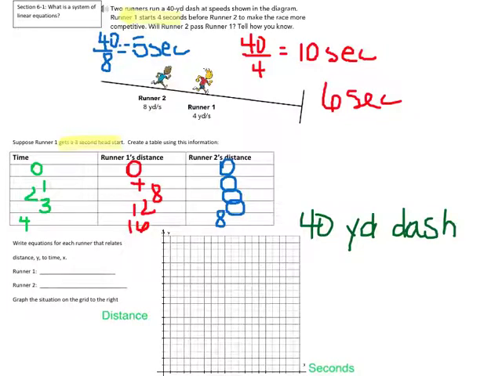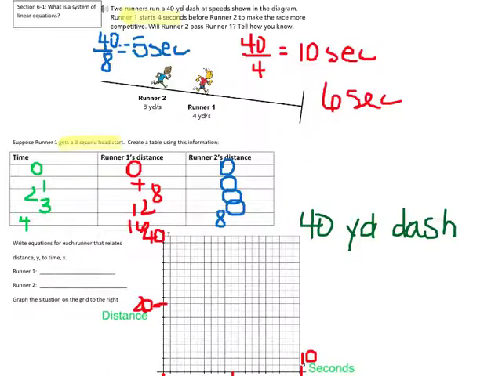Okay, so in red, I have the point 0, 0, and then I have the point 1, 4, so I'm going to come up with my scale.